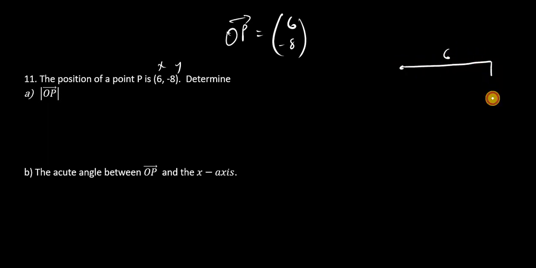Negative 8 means we're going to go 8 units down. And so our vector is going to be down here, looking at this angle that the vector makes with the x-axis. Now mind you, the length of a line cannot be negative. So what we do, we just treat that as a positive 8. 8 units down, right? 6 units to the right.